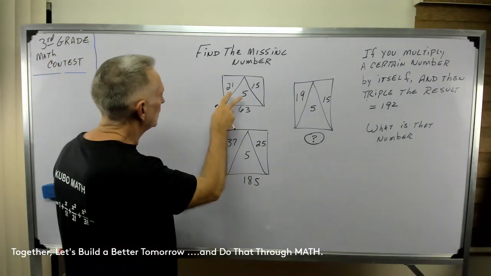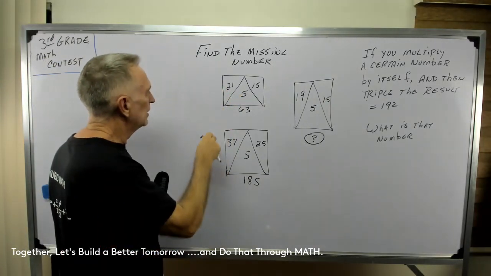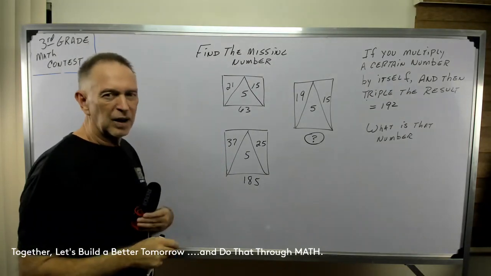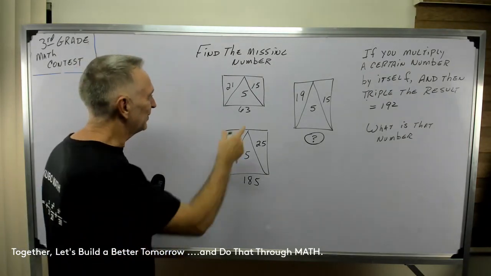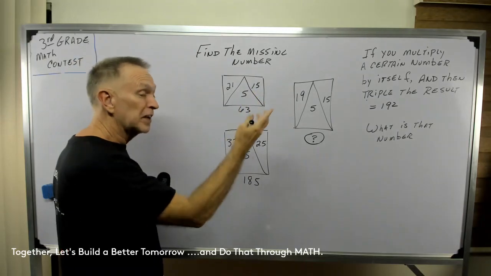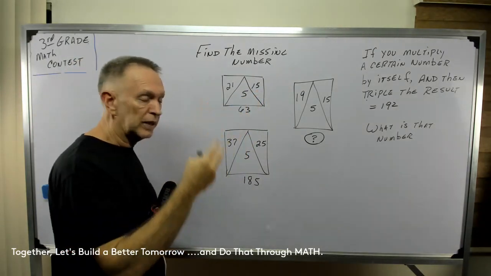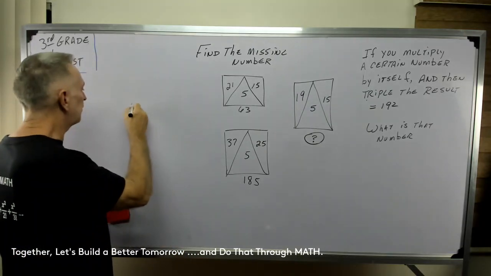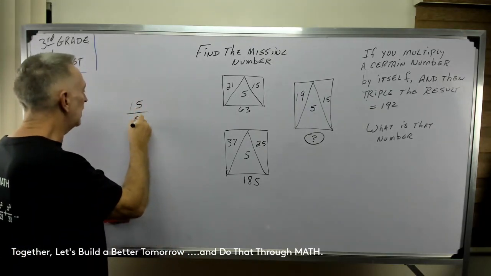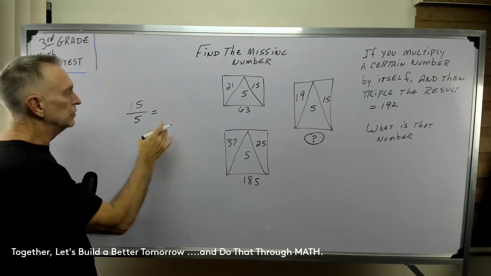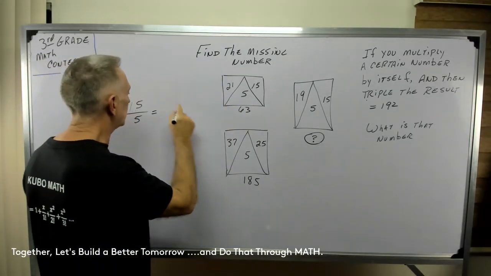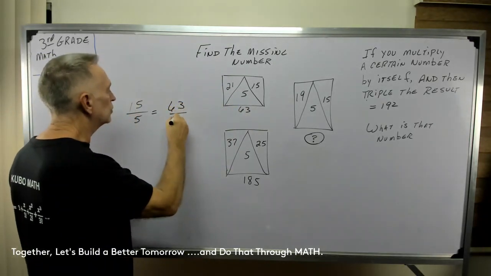Well, 5 and 21, they don't seem like they're friends. But what about 5 and 15? Hey, 5 will go into 15 3 times. So I could say 15 is to 5 as maybe 63 is to 21.